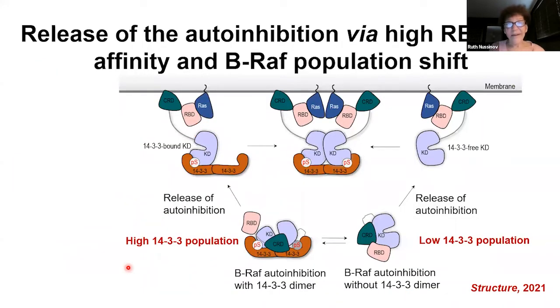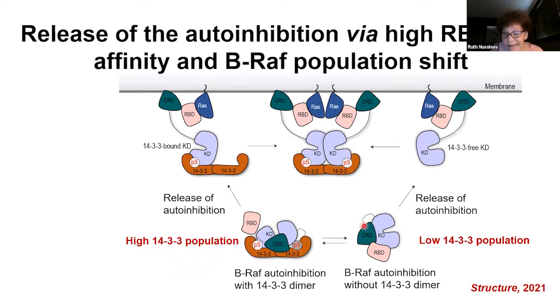What we do next, we try to create an overall picture of the release of the autoinhibition of RAF. We have two scenarios. One without the 1433, which we believe can take place when there is a low population of the 1433 in the cell, and the second when there is a high population of the 1433.